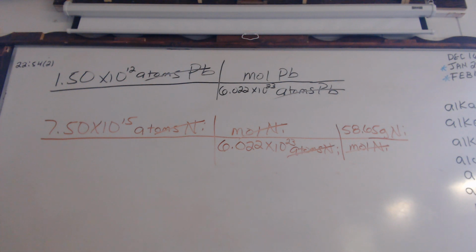I would multiply first, then divide. Do you have to put the multiplication sign in? No. Okay, so let's try it your way. So 7.5 second exponent to the 15th. Divide that by Avogadro. And that's going to give us this number.